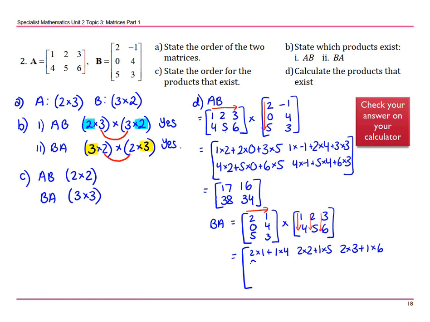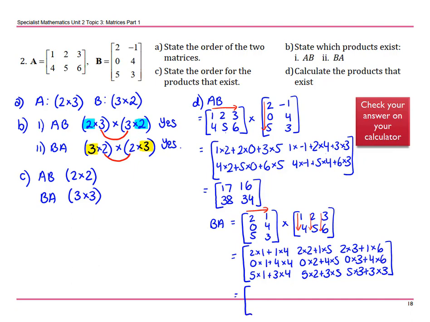So 0 times 1 plus 4 times 4, 0 times 2 plus 4 times 5, then 0 times 3 plus 4 times 6, finally 5 times 1 plus 3 times 4, 5 times 2 plus 3 times 5, 5 times 3 plus 3 times 6.